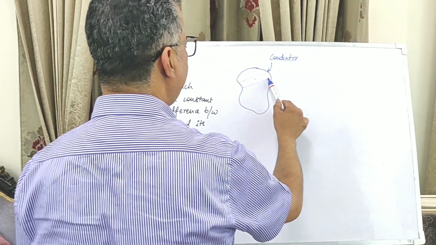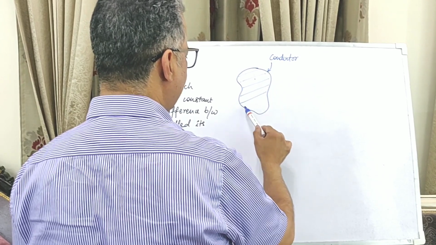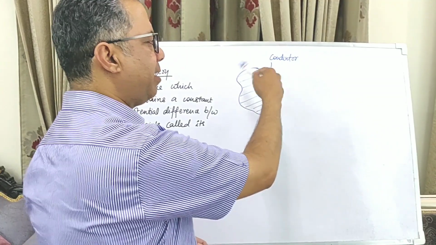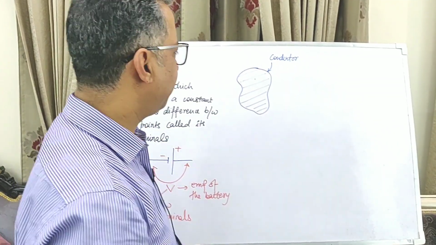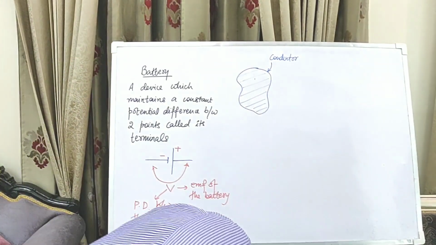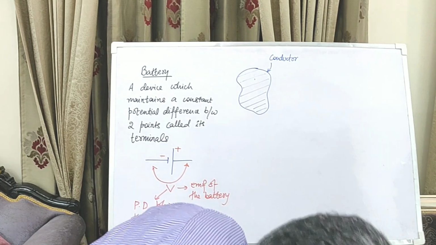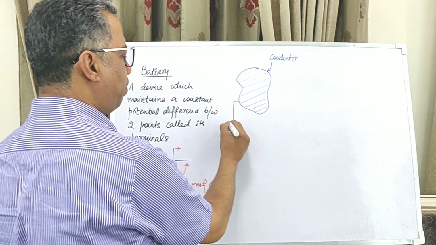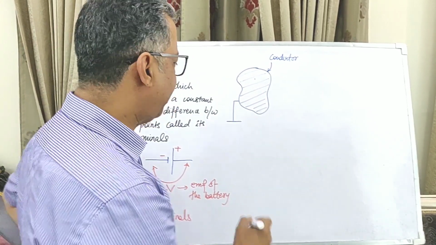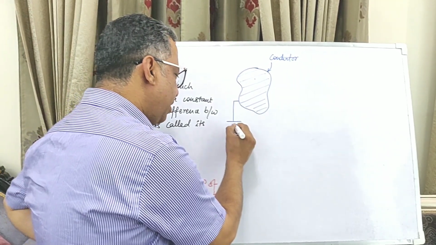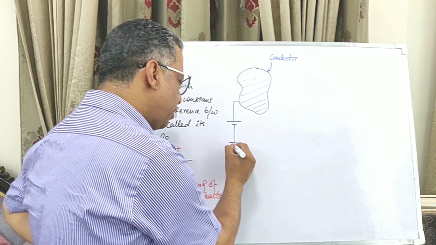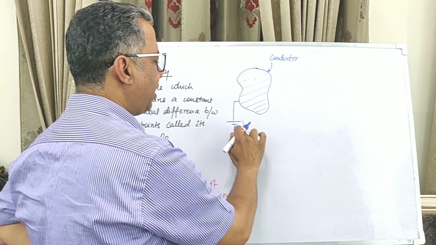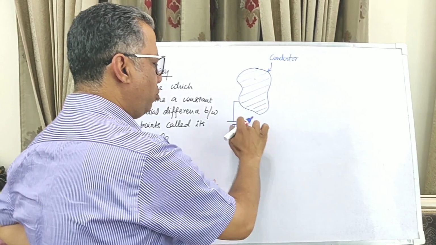It may be solid, it may not even be solid, it may be a hollow conductor, doesn't really matter, because we know that in case of a conductor all the action is on the surface. We then connect this conductor to the positive terminal of a battery, and the negative terminal is then connected to the earth.